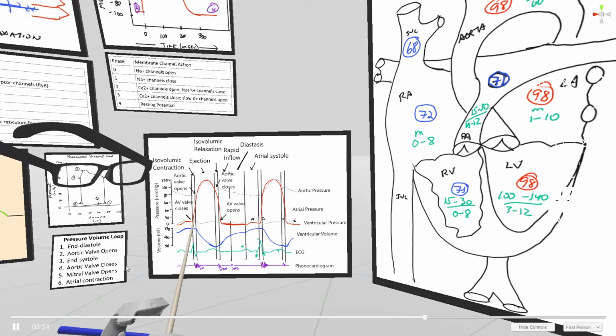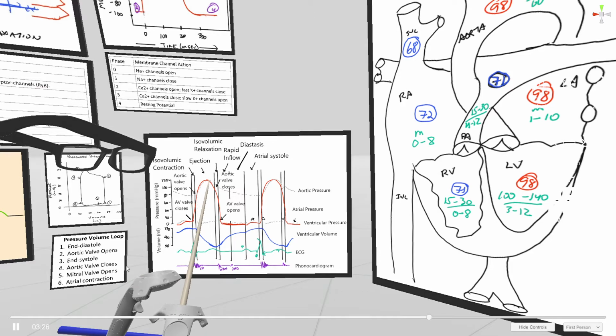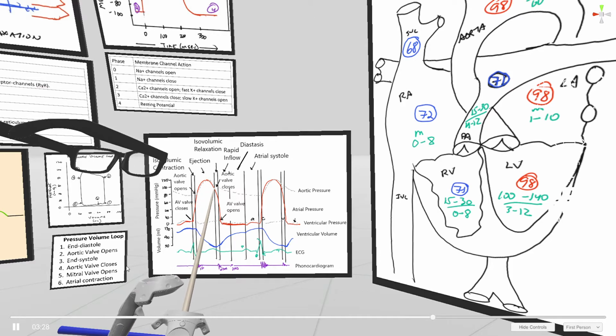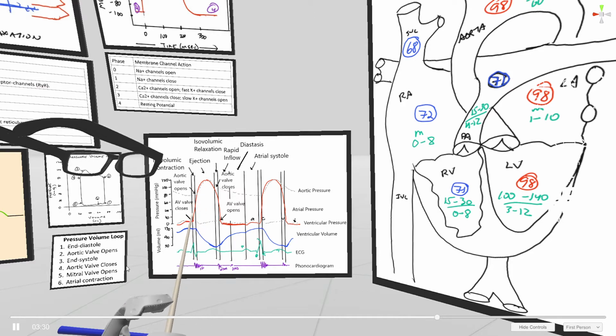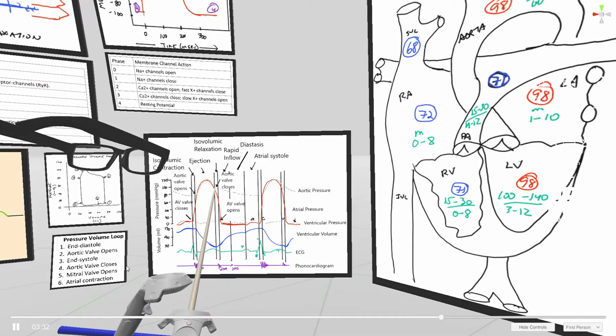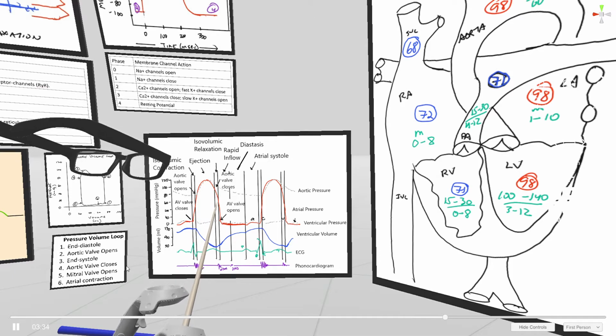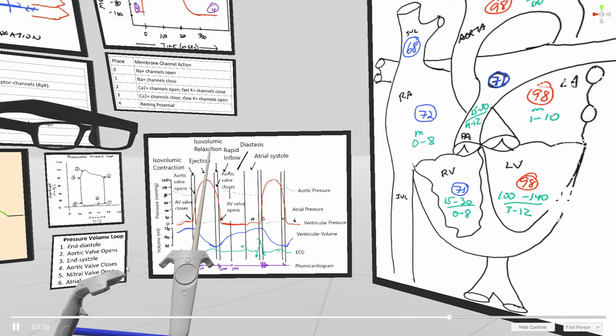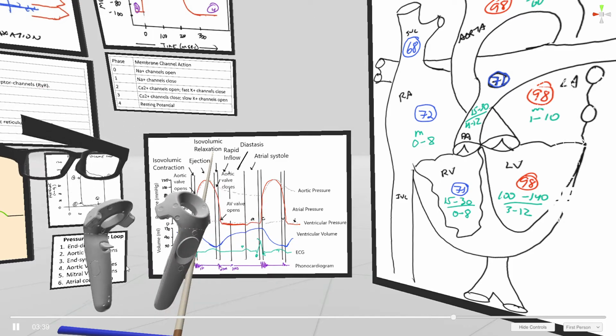You have ejection occurring here, and then once the left ventricle has predominantly ejected, the aortic valve closes. The left ventricle, in a state of isovolemic relaxation, is relaxing without changing volume.